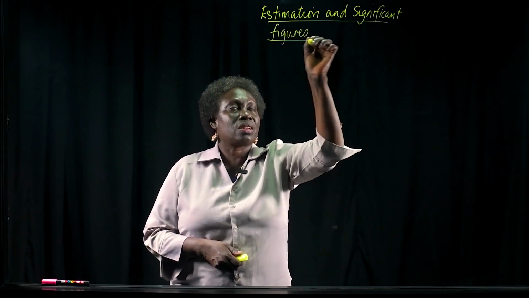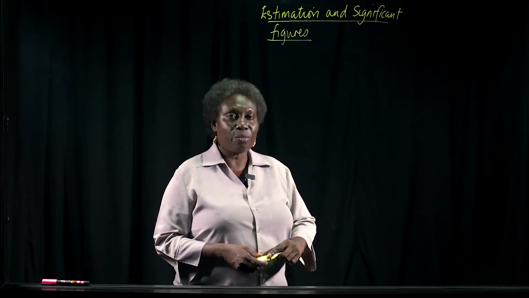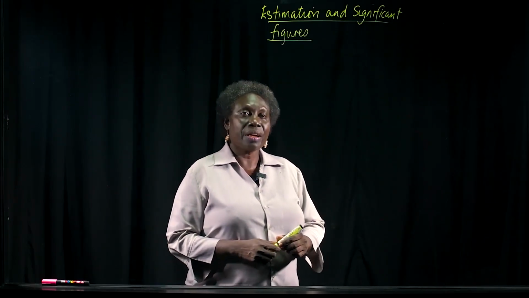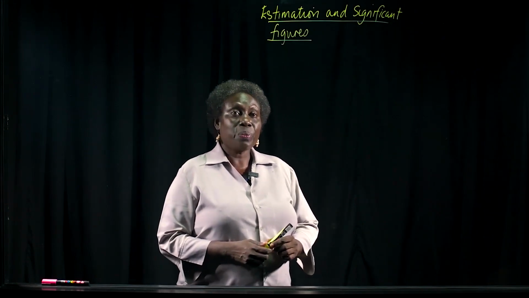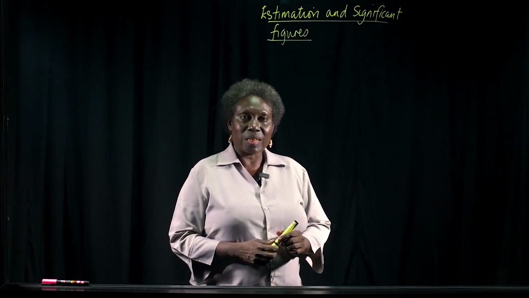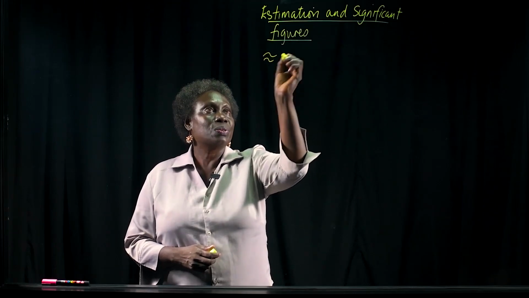Now, what is estimation? Estimation of numbers is rounding of numbers to the nearest or closest whole value. When we estimate numbers, we use the wavy equal symbol for approximately equal to.